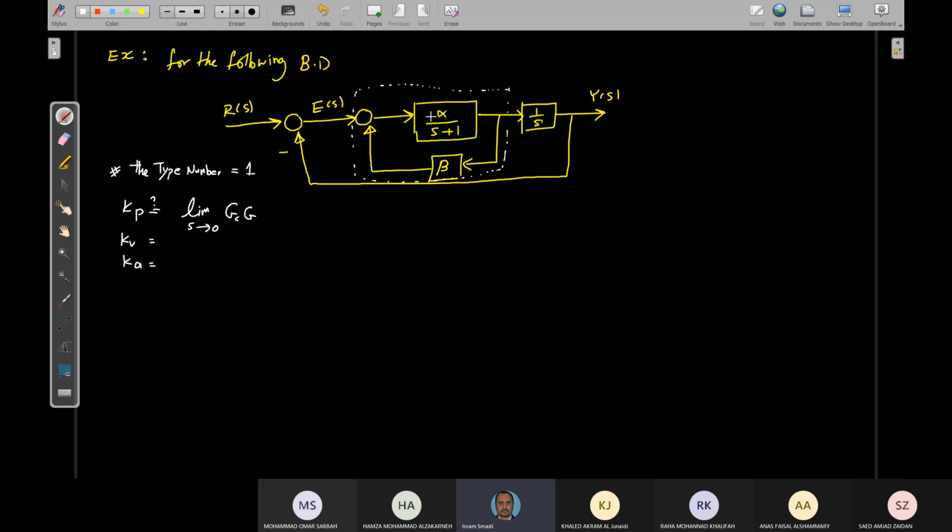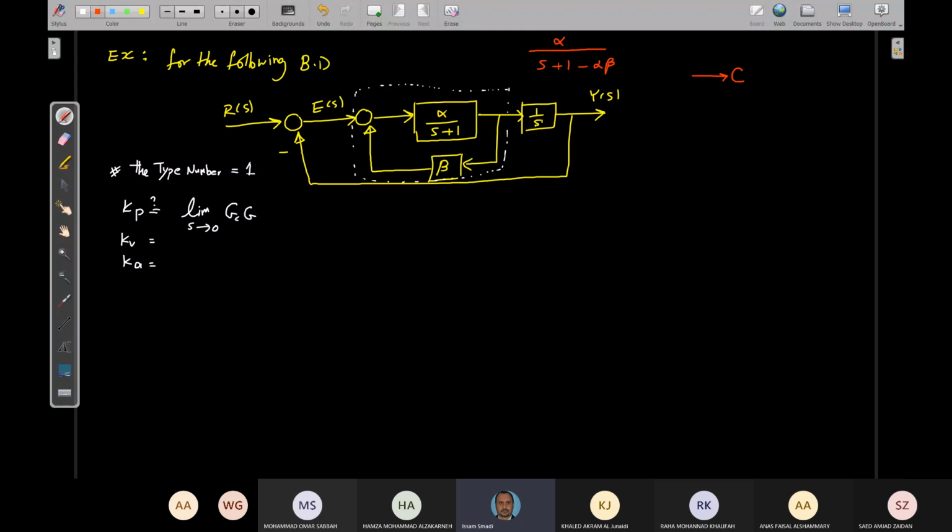Who can help me with this one? It will be G over 1 minus G beta, correct? So it will be alpha over S plus 1 minus alpha beta, correct? Yeah, this is the configuration.